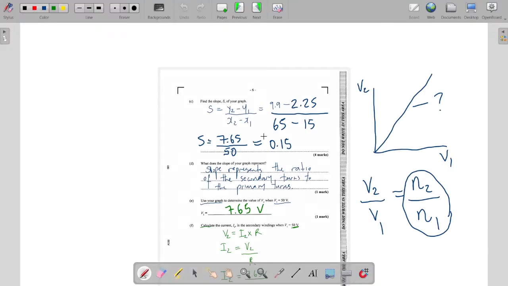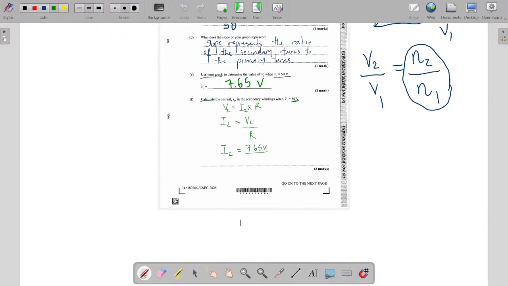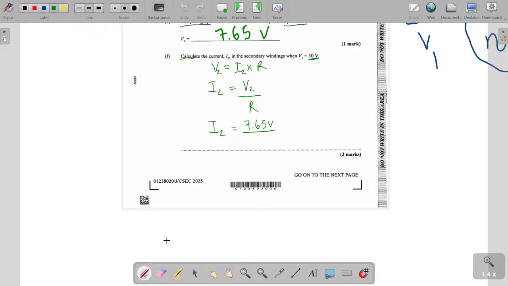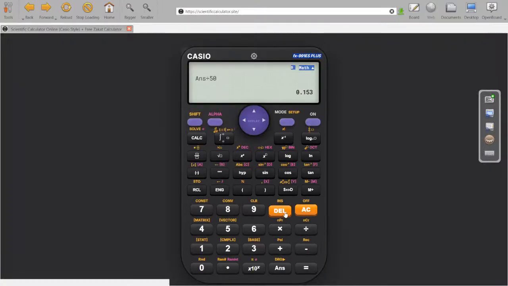So that means the current is going to be 7.65 divided by 5 ohms, which will give us a value of 1.53.